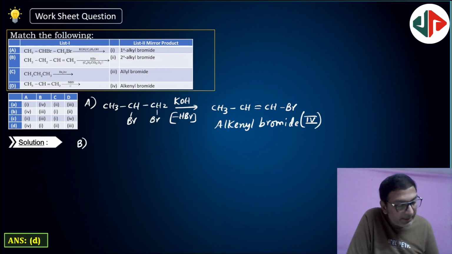Next, option B. CH3, CH2, CH2, 1-butene with HBr peroxide.